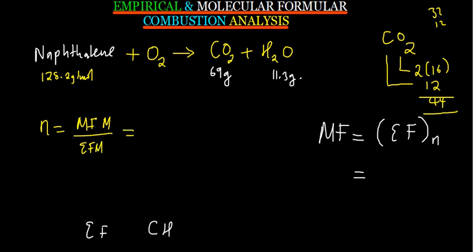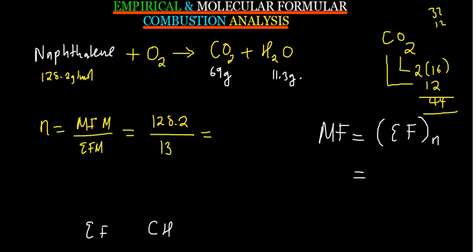The molecular formula mass is the molar mass that you've been given, so we can just say molar mass divided by the empirical formula mass. That is 128.2 divided by the empirical formula mass. So you look at the empirical formula. Carbon has got a mass of 12, hydrogen a mass of 1, so that is 13. So that's how you determine n.